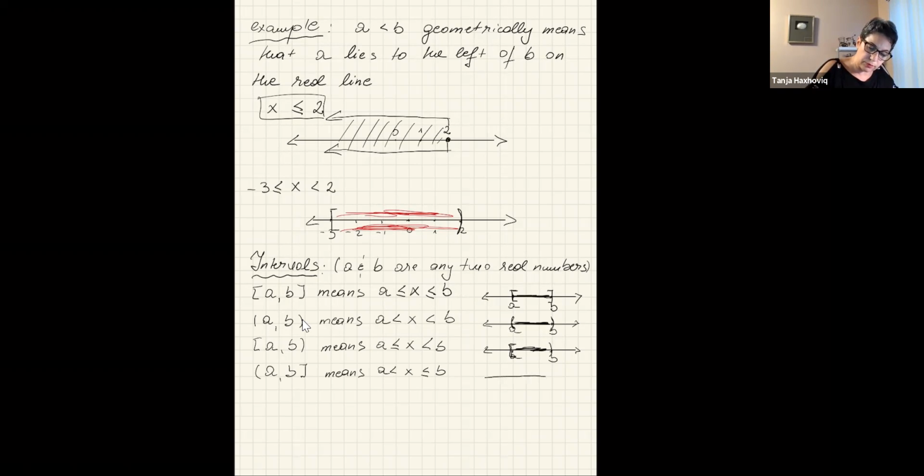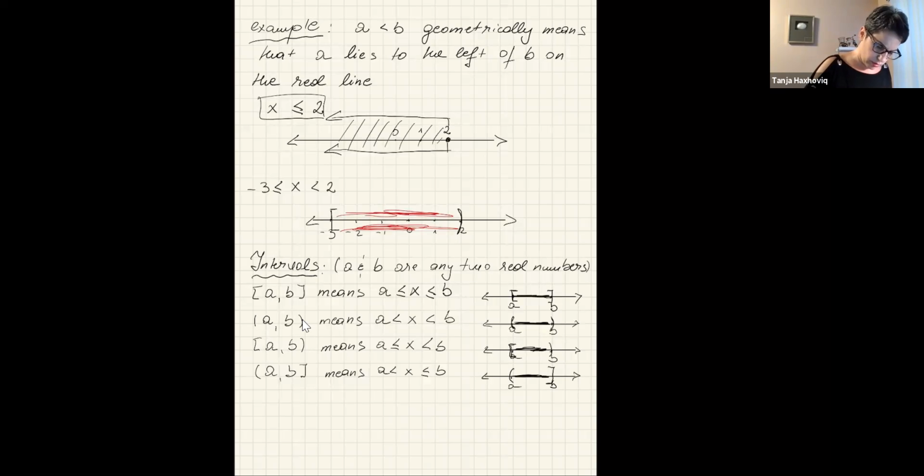Graphically speaking, we have this, A, B. So A is not part of it, B it is, and of course, everything in between.